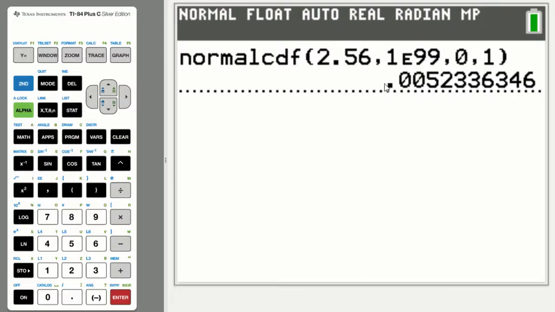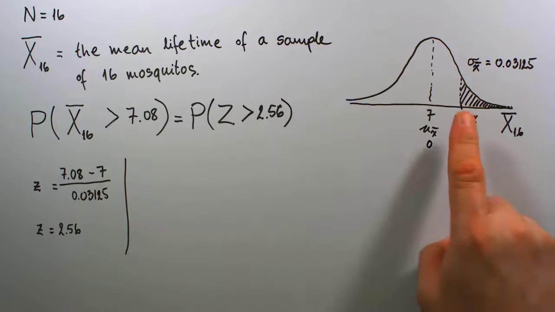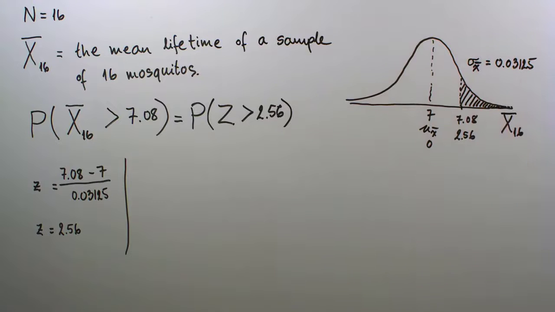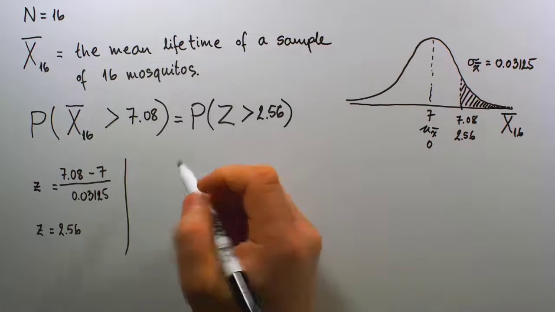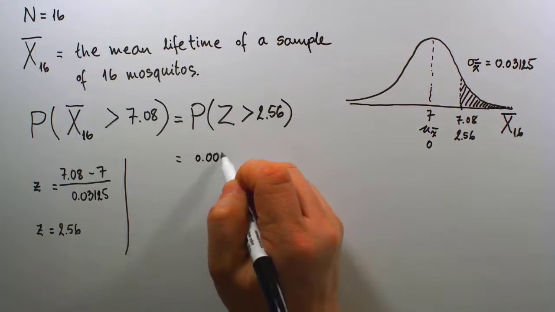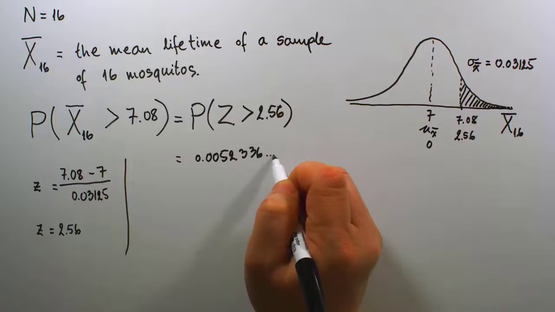So that now means the area shaded to the right-hand side of z-score 2.56 on the standard normal distribution, or the area shaded to the right-hand side of our 7.08 on this current bell curve here, will be equal to 0.0052336 and a lot longer.